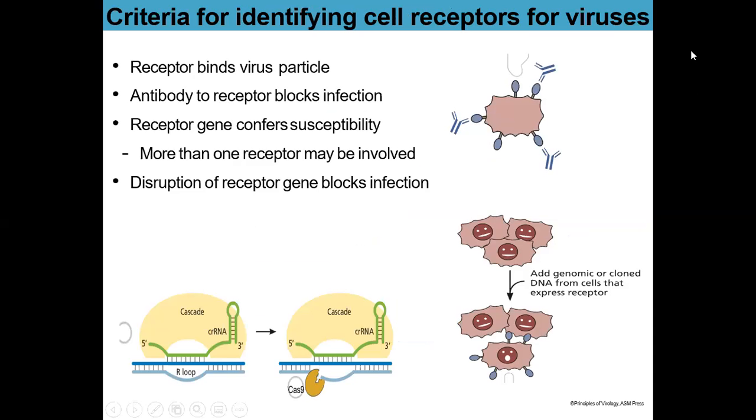Right. So, the criteria for identifying the cell receptor used by viruses. These criteria are the different points that we should look for in the identification of the receptor, because it is not very easy. Whenever we have a new virus, it is not easy to know what receptor that particular virus is using to get entry into the cell, right?